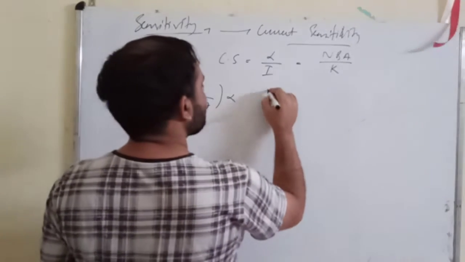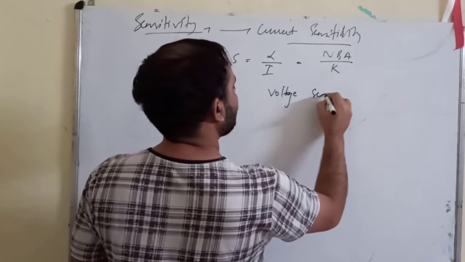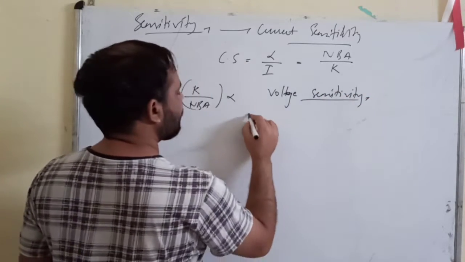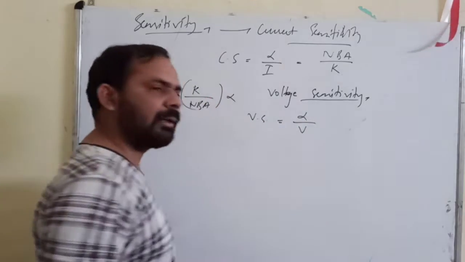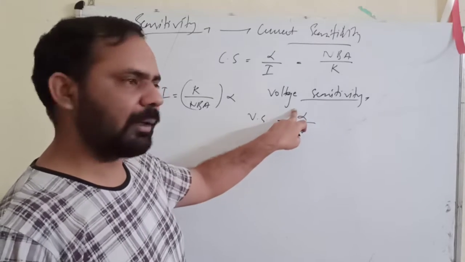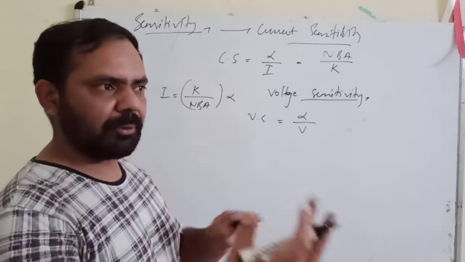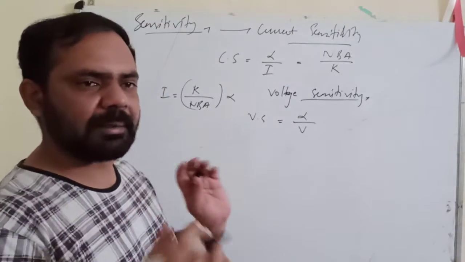Now another is voltage sensitivity, and this voltage sensitivity is equal to alpha upon V. How much will be the deflection for unit voltage? If you apply a unit voltage, then how much deflection do you get inside the coil?